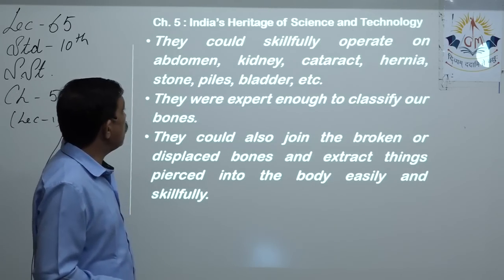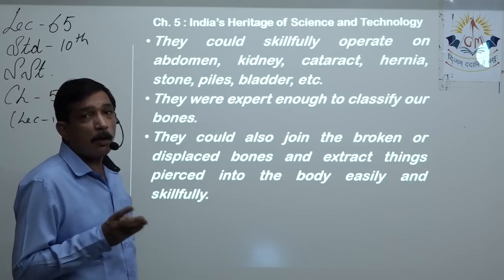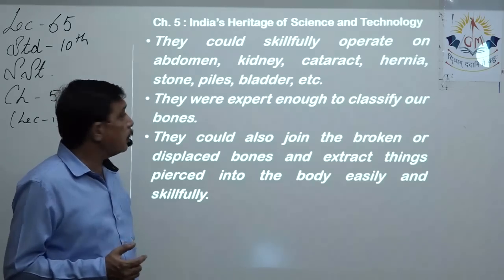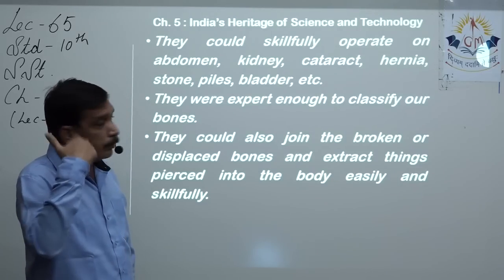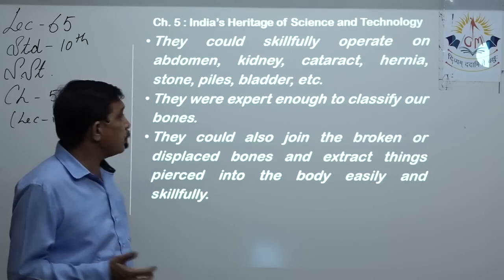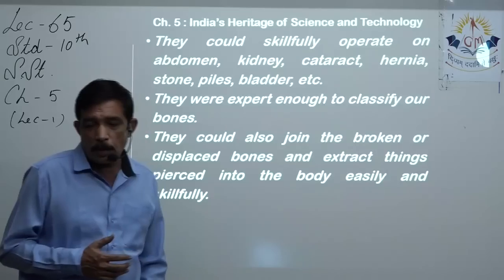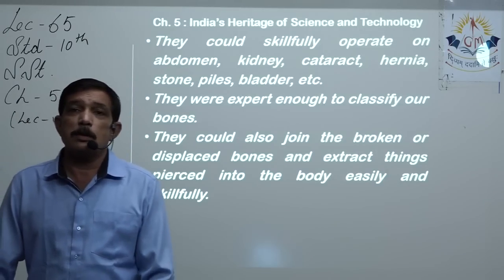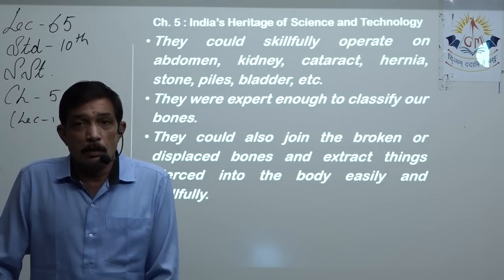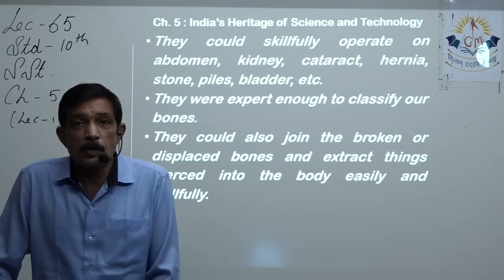They could skillfully operate on lots of diseases: abdomen disease, kidney, cataract, right? Cataract is the disease of the eye which comes with old age. Hernia, stone, piles, bladder, etc. All these diseases have a necessity of surgery, for example in stone.